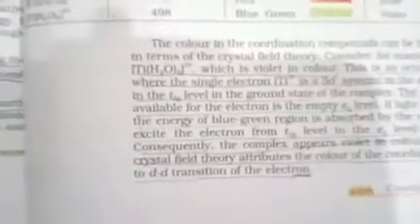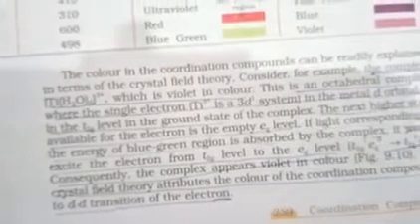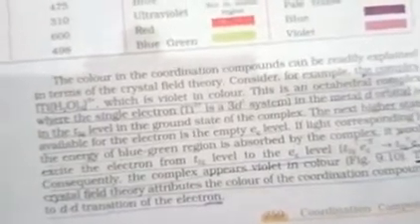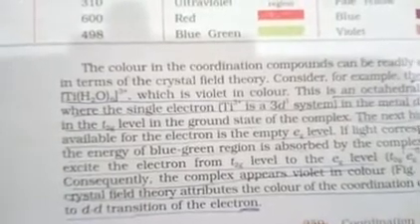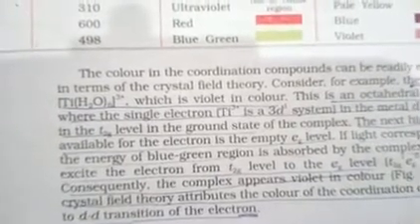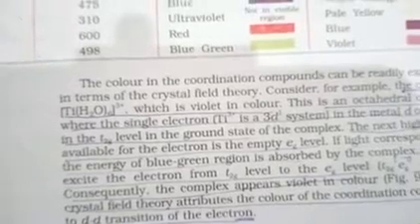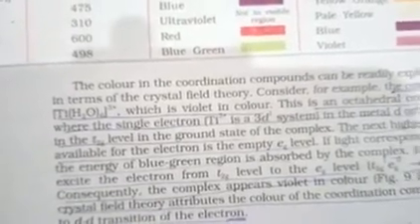Now consider the complex hexaaquatitanium(III), which is violet in color, and this is an octahedral complex. Ti3+ is a d1 system with a single electron in the metal d orbitals.